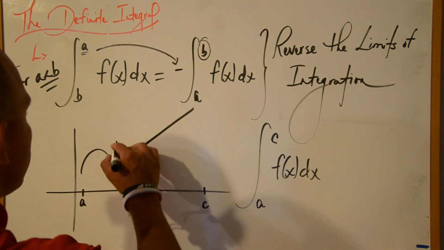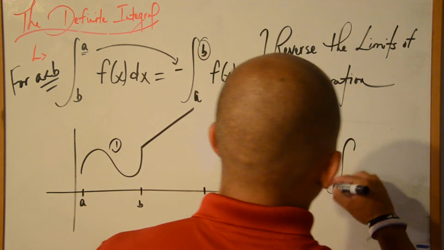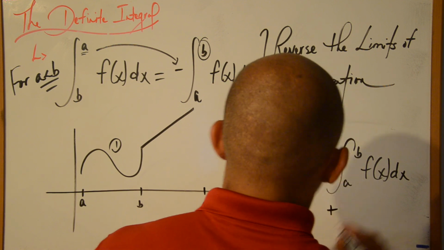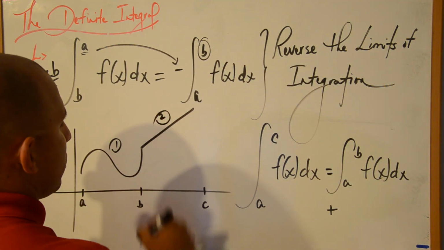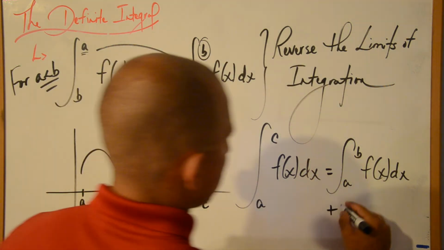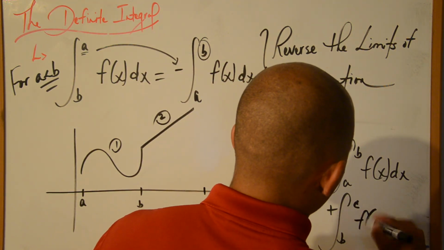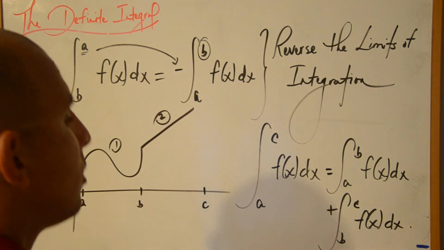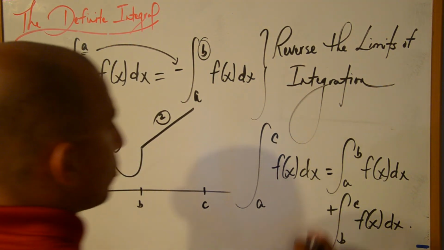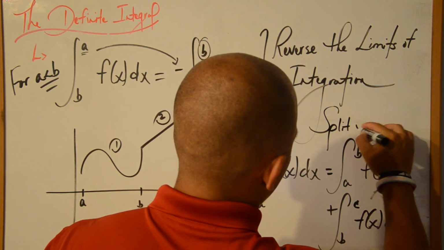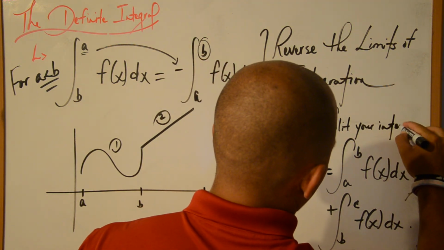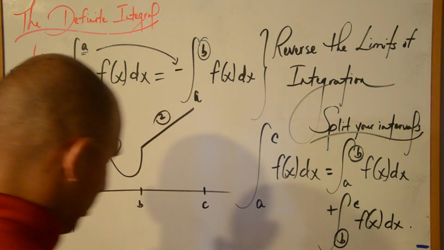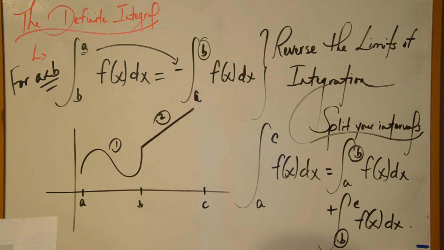But what we can do is split this, say, I'm going to integrate this function from a to b plus this section from b to c. Now we'll still call it f of x because typically it's a piecewise function, and piecewise functions don't have multiple function names to them, right? But you may also split your intervals so long as there's some type of seamless transition or seamless swivel point.